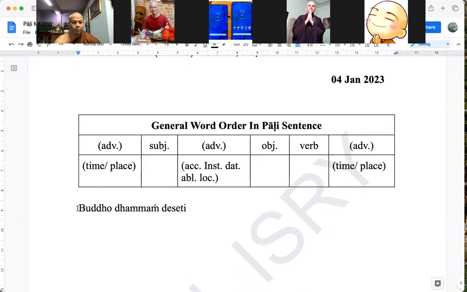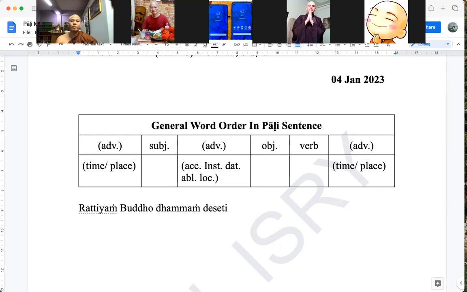Here the subject is at the very beginning of a sentence, the verb is at the end of the line, and Dhamman, the object, is immediately before the verb. That means the object comes immediately before the verb. And then we can add some adverb to that line.